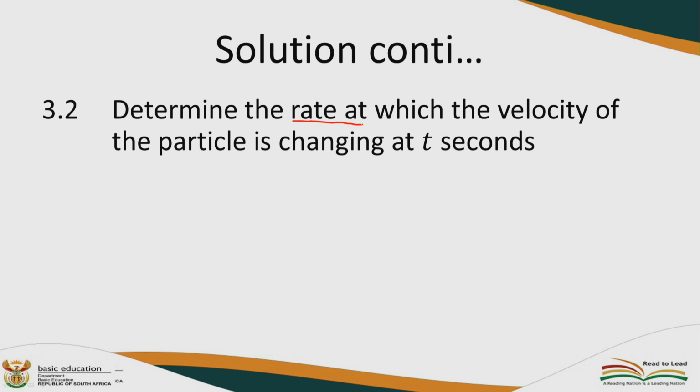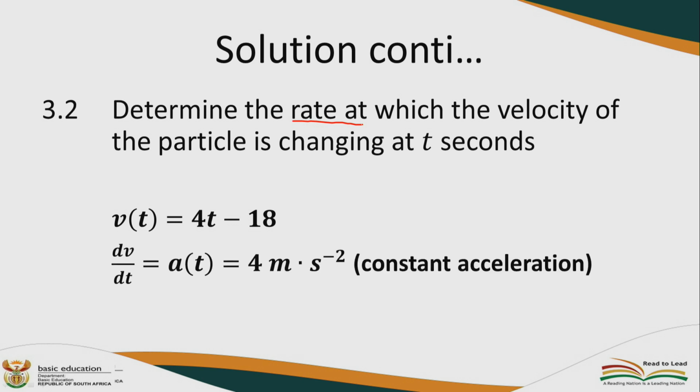They actually want us to determine the acceleration of this particle. Now, to determine the acceleration of the particle, we'll take the expression for the velocity. Acceleration is the derivative of velocity. So we find the derivative of this. We are going to get dv dt equal a of t equal to 4 meters per second squared.